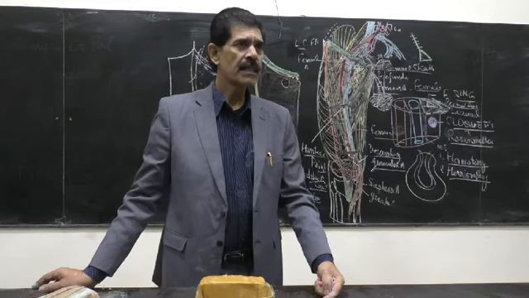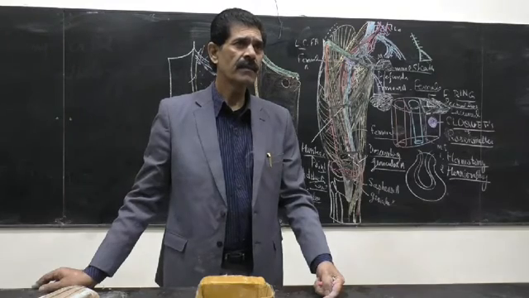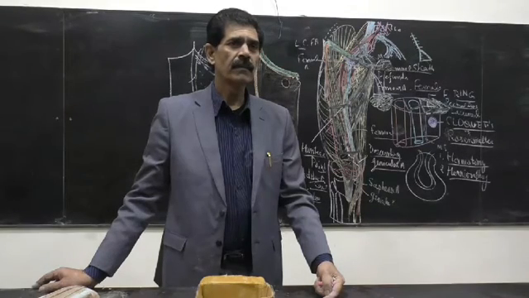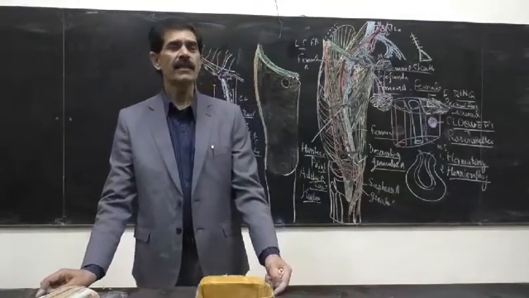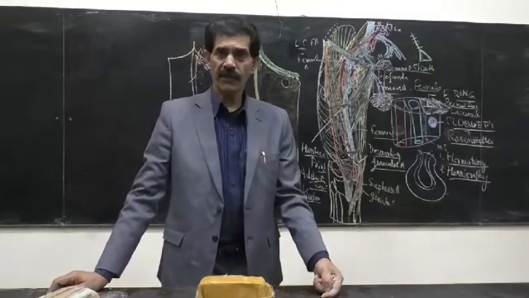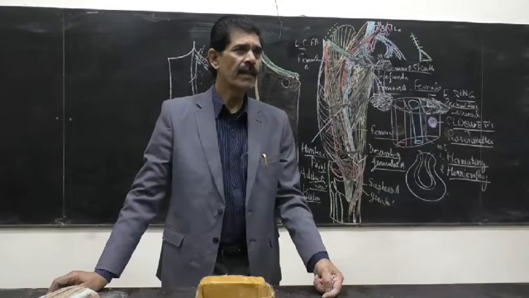Then the contents. Sorry, two vessels and two nerves are the contents. Two vessels, number one, femoral artery and femoral vein. They are the two vessels of the content.